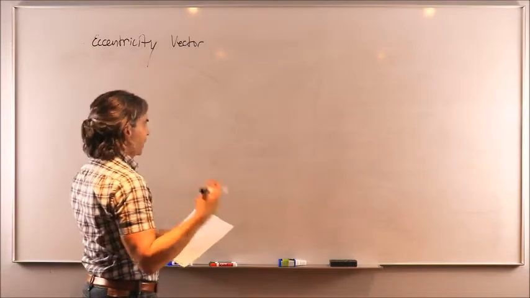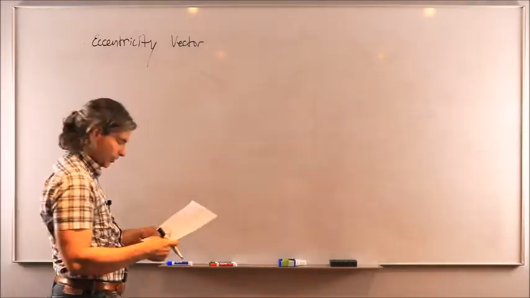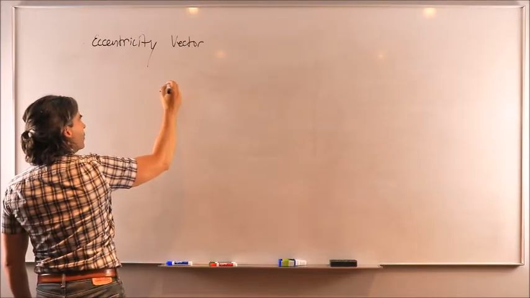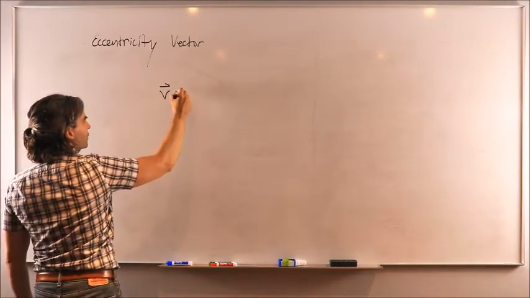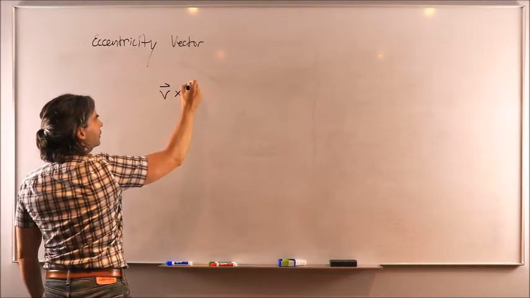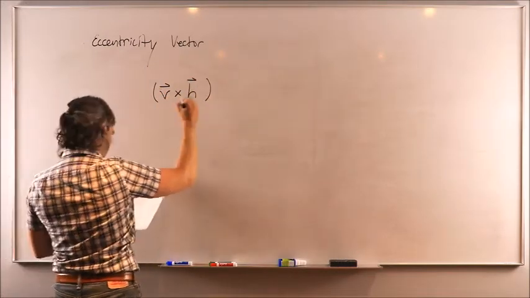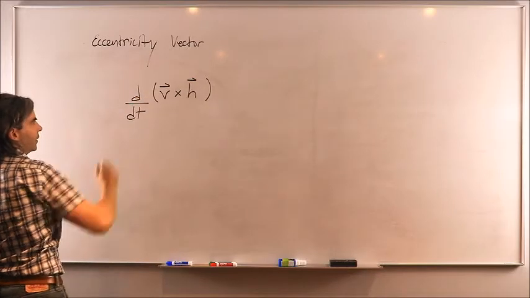So again, the process starts from someplace. You won't have to determine that yourself. But let's just have a look at what would happen if we were to take the velocity vector cross product with the specific orbital angular momentum vector h. And specifically if we were to take the time derivative of this quantity.